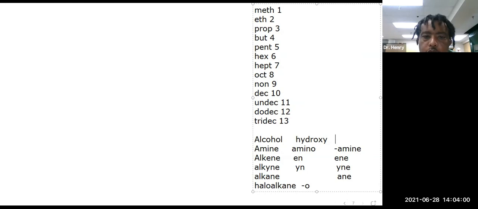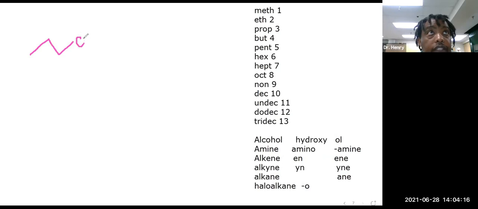And the suffix for alcohols is OL, like alcohol. So they look like this. They basically have OHs attached to them. This guy has 1, 2, 3 carbons, and then it has an OH attached to it. So what do you think this guy is going to be called?